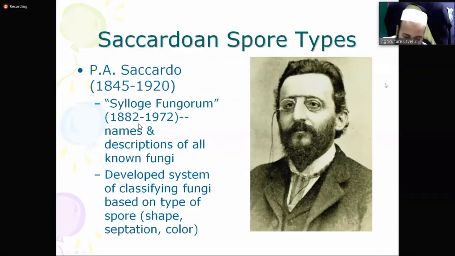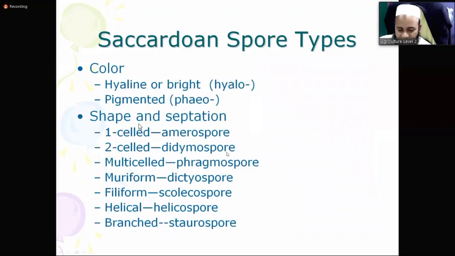So there are different types of spores, my lecture is finished. These are not for your exam. Many people separate them in different ways. Saccardo made different types of fungal spores based on color.